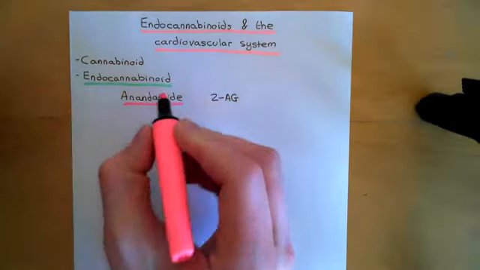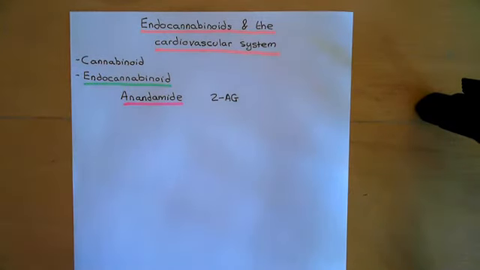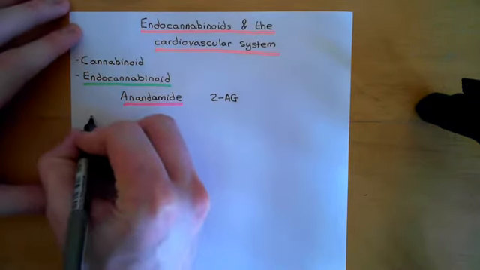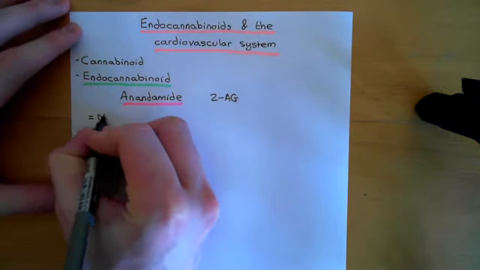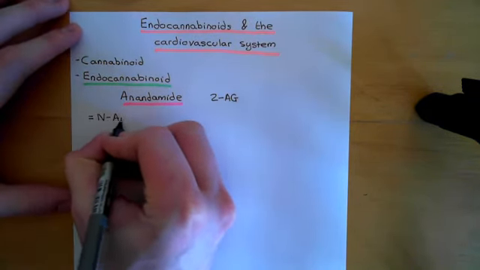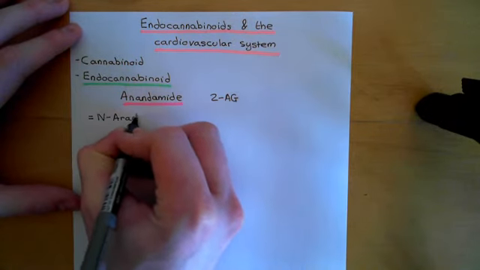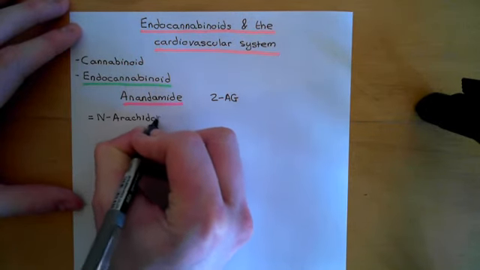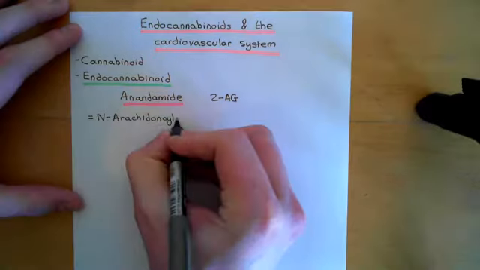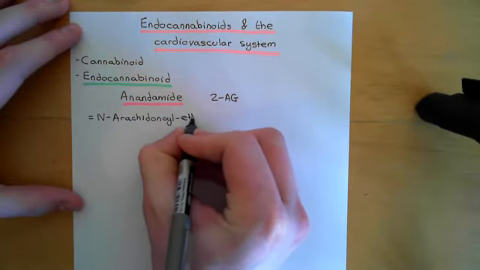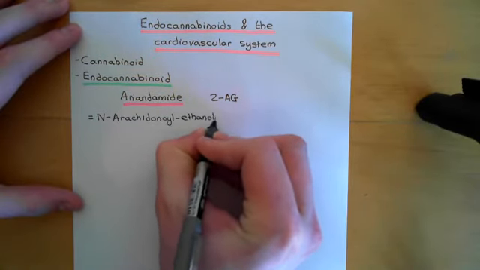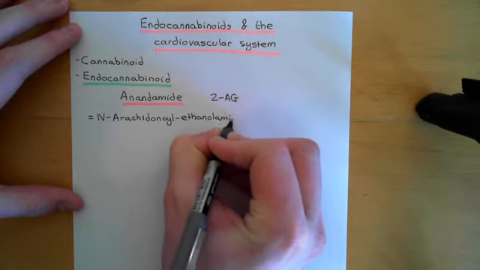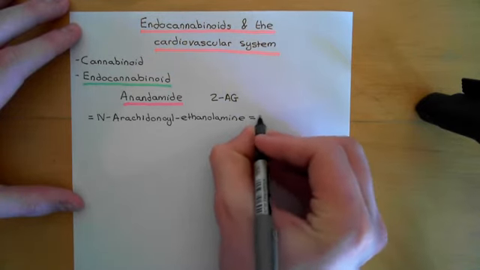Okay, so anandamide is one name that is often used for this molecule. However, it's got a more proper name. Its more proper name is N-arachidonyl ethanolamine. Okay, and for short, you can abbreviate N-arachidonyl ethanolamine down to AEA.